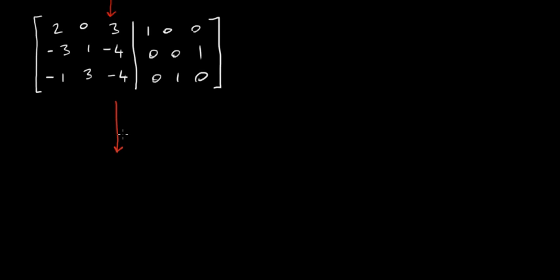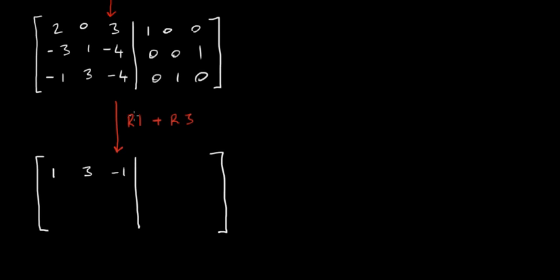So the next thing I'm going to do is I'm going to take row 1 and I'm going to add row 3 to it, because if I add this to this here I'll end up with a 1. That will give me another 1 along this diagonal here. So let's do that. So 2 minus 1 is 1, 0 plus 3 is 3, 3 minus 4 is -1, 1 plus 0 is 1, 0 plus 1 is 1, and 0 plus 0 is 0.